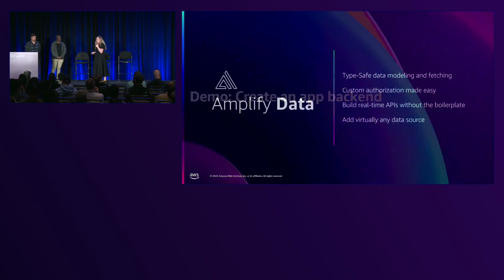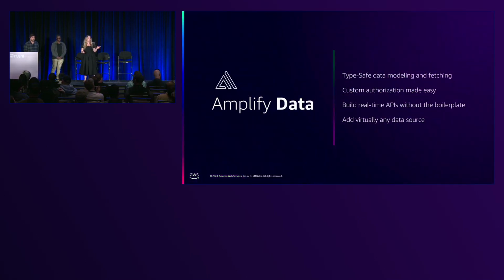Okay, here's Amplify data. Let's dive a little bit deeper into that. So first off, with Amplify data, you can create data models using just full stack TypeScript like we discussed. It makes it so that you can fetch the data and model that data in a fully type-safe way.